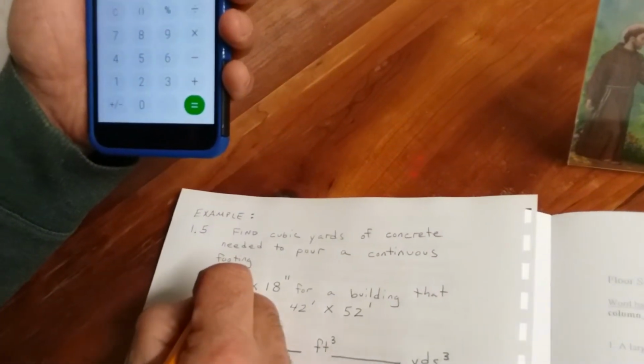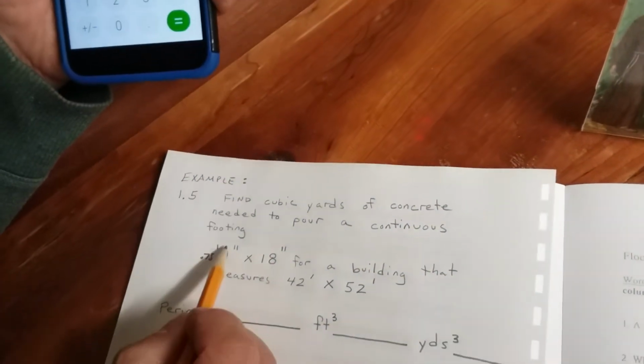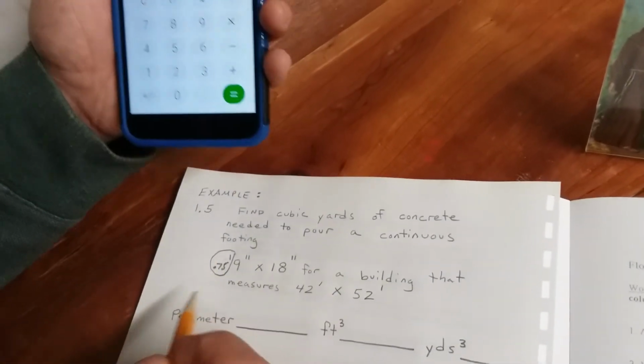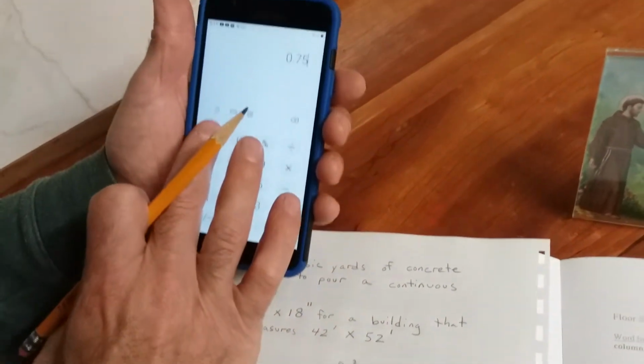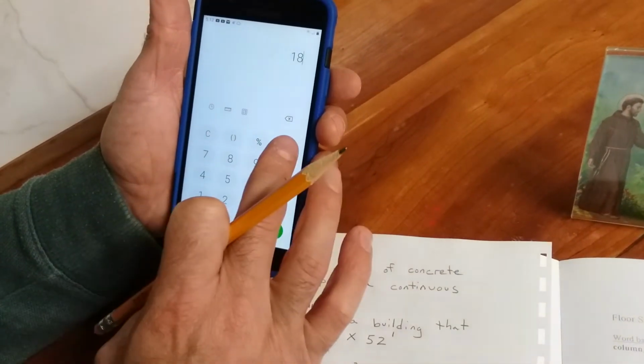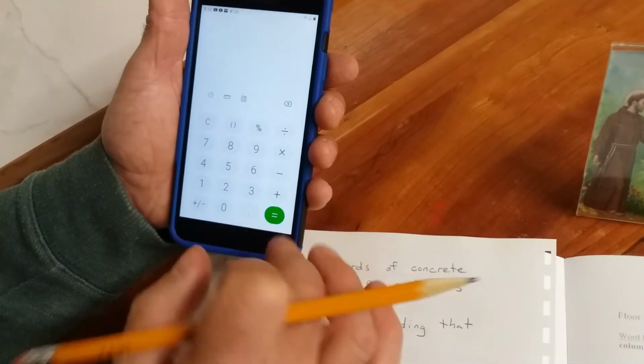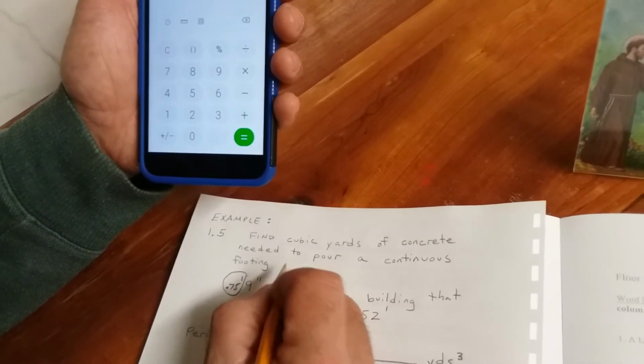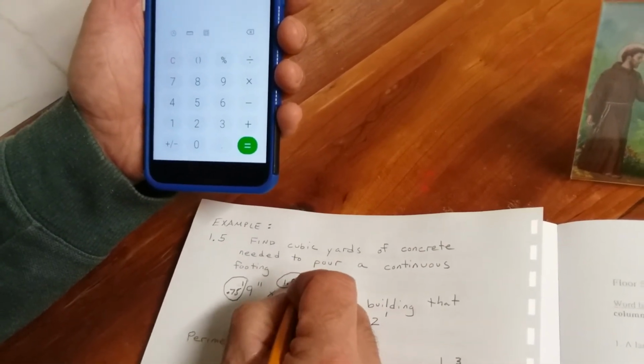So this is going to be 0.75 feet. And look at that number. Okay, that's 0.75 feet. 18 inches divided by 12 equals 1.5 feet. Okay, those are the numbers I'm going to need.